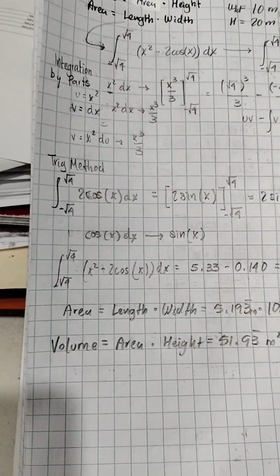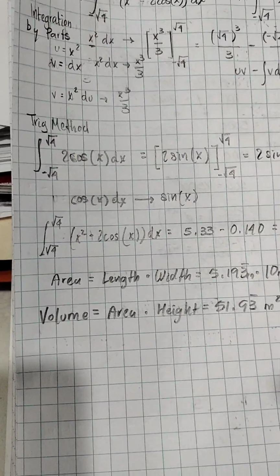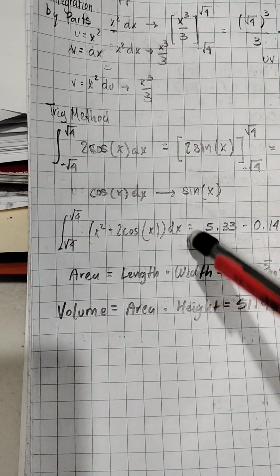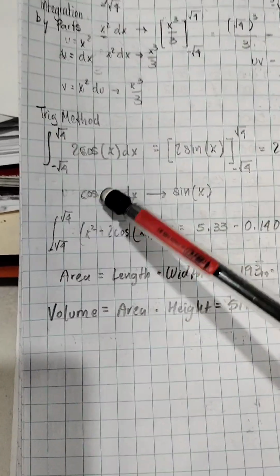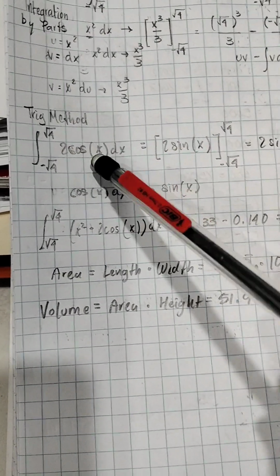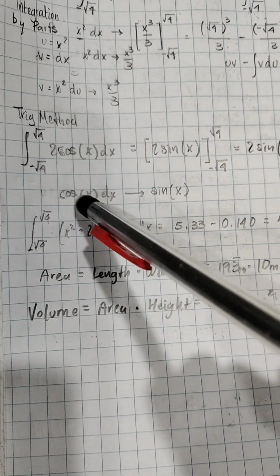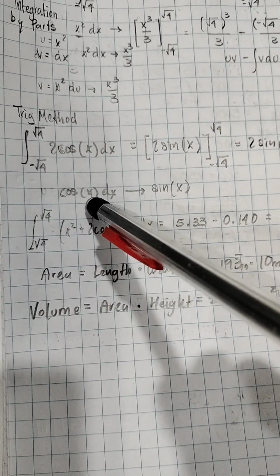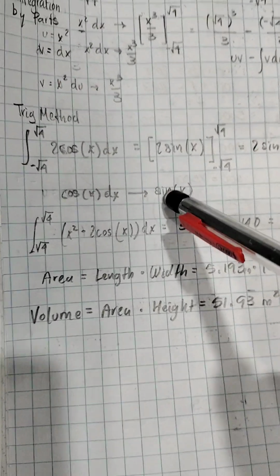And now for the one using the cosine, we substitute its trigonometric function, which is cosine here. The integral of cosine x is equal to sine x.